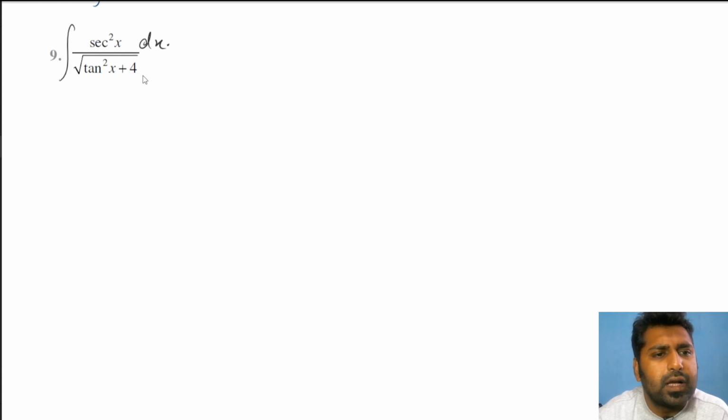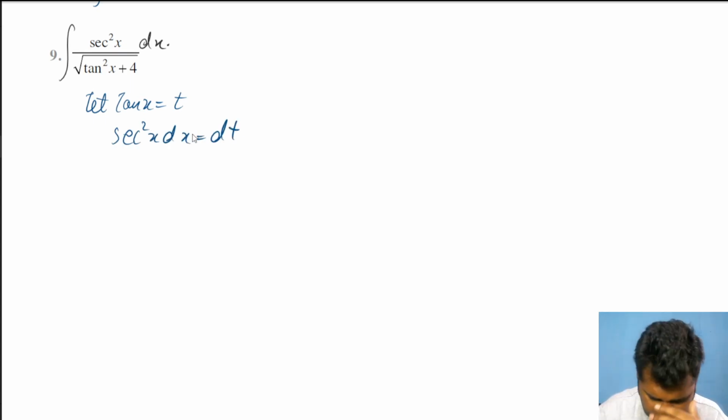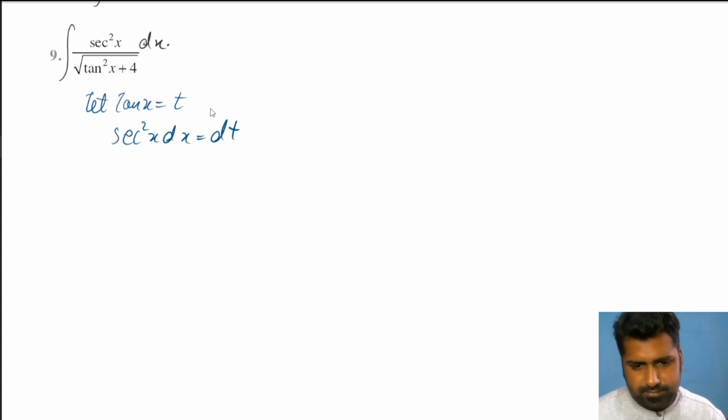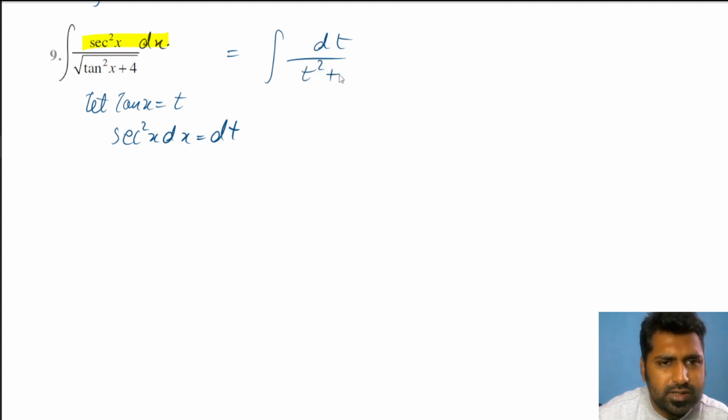Dx. Okay. Again, sec square is with dx. So what do we have to take t as? Let tan x as t, because that will generate sec square x dx as dt. So this numerator becomes dt, the denominator becomes integration dt upon t square plus 2 square.